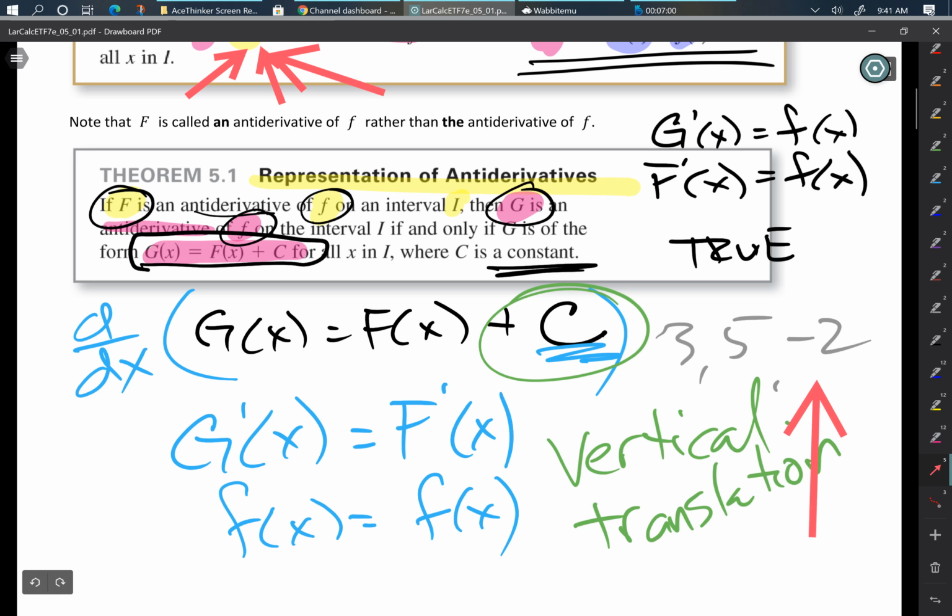Right? It moves the graph up or moves the graph down, but it won't change the shape of the graph. And if it doesn't change the shape of the graph, it doesn't change the slopes for the function. And if it doesn't change the slopes for the function, then it is the same function, essentially, just vertically translated, but the derivatives would be the same.